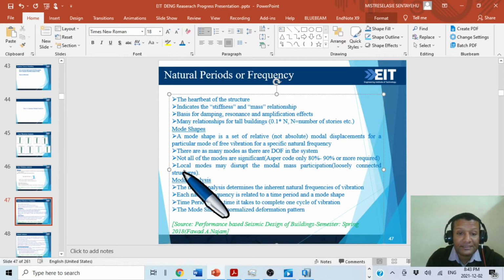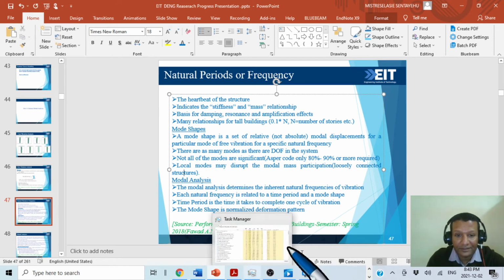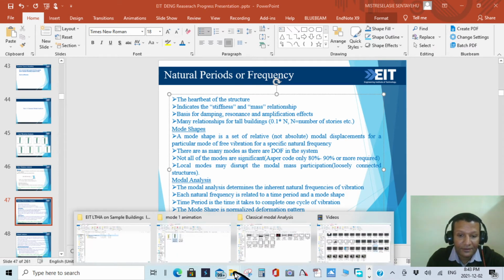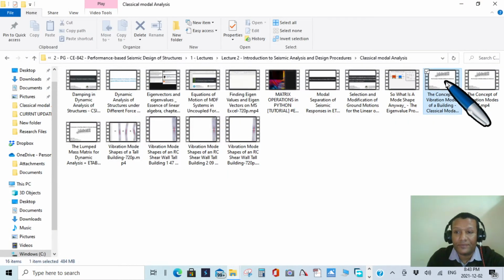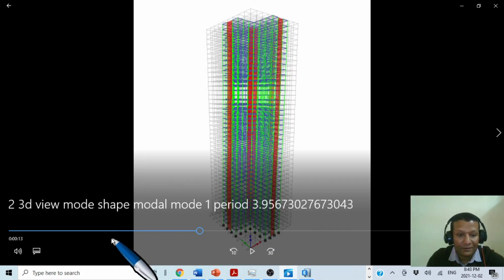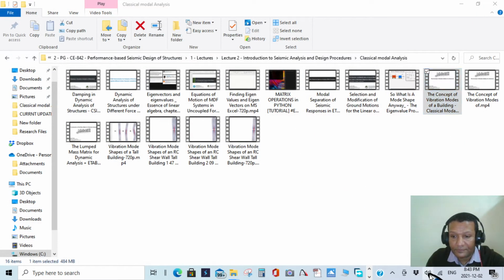Loosely connected structures. This is very important, because if we have loose stiffness or something, I have one video. Wait, let me show you. For example, I have one video here. Let me close the volume.